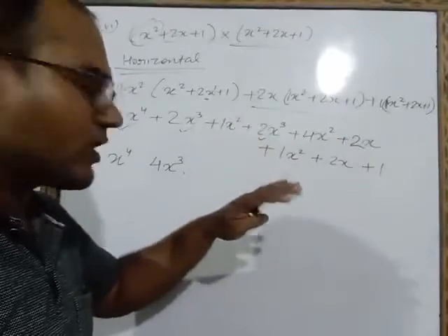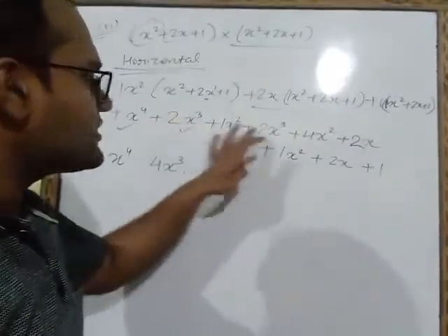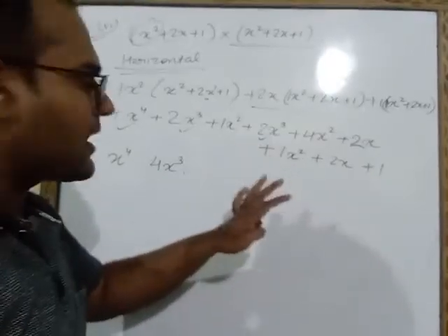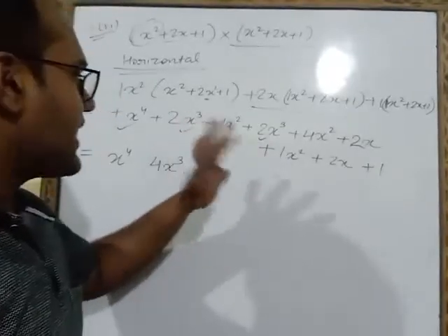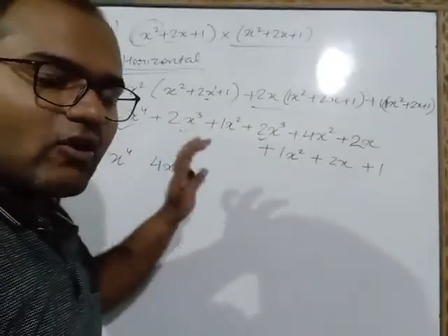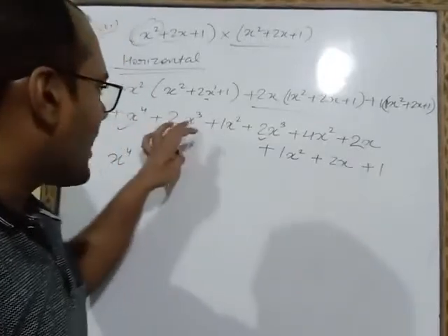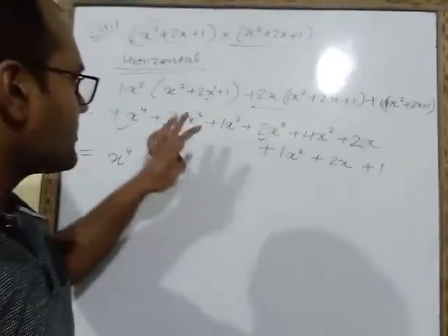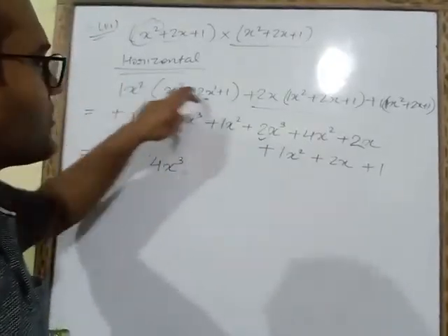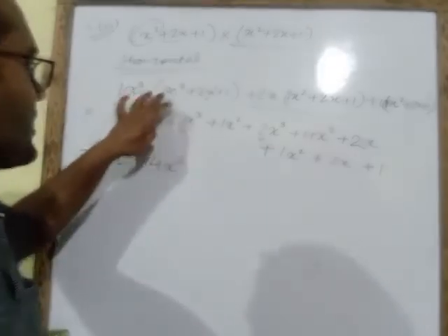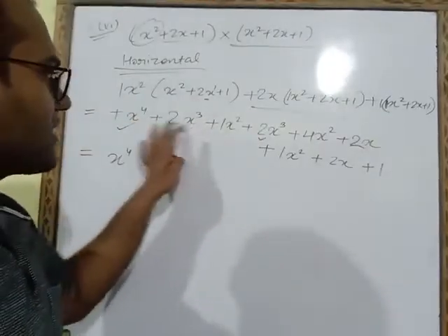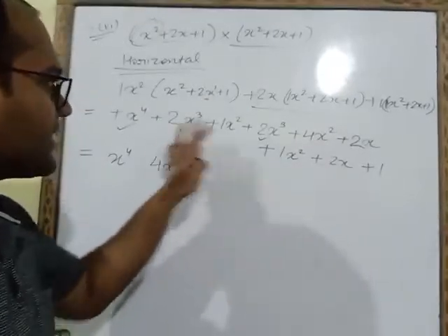Multiply is over. Now we have to add these two terms. Whenever we add or whenever we subtract, power we have to write as it is. Here in the multiply, when we are opening the bracket, we are adding the powers, but here bracket is not there. Now we are adding these two terms.